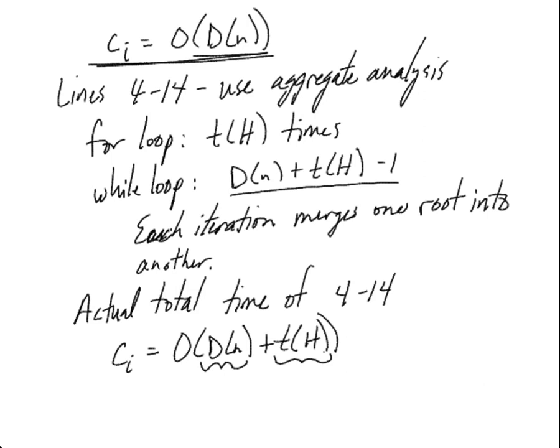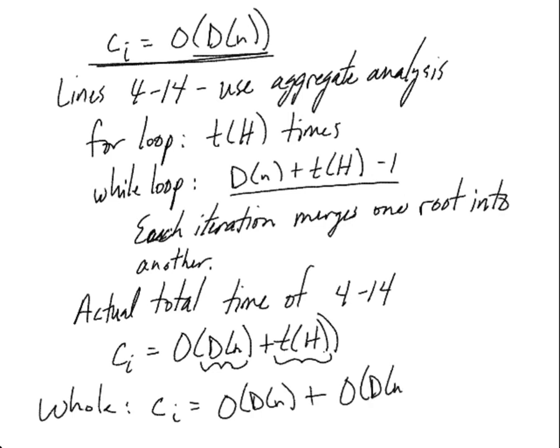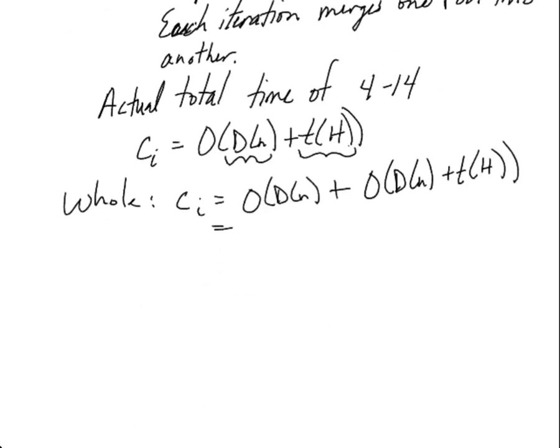And we can find the actual time of the entire algorithm. So for the whole algorithm, c i is going to be order d of n plus, that was all the previous, and then lines 4 through 14, d of n plus t of h, which is equal to order d of n plus t of h. Okay, so that's actual time.